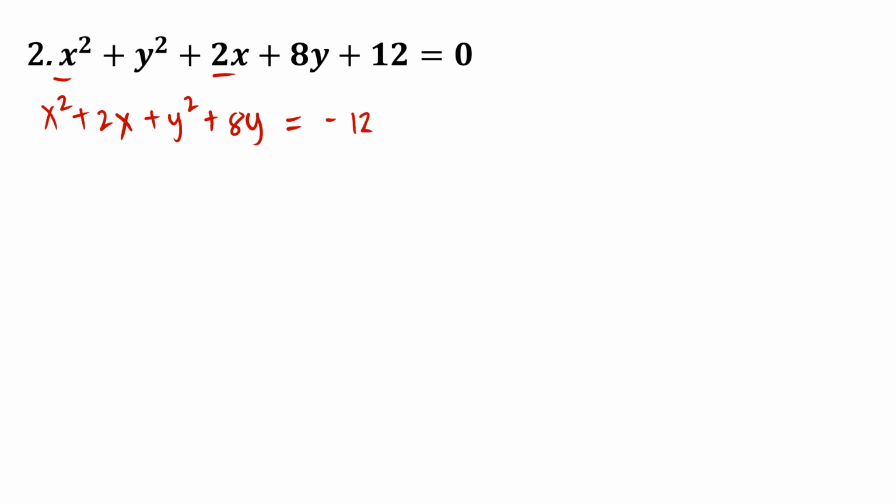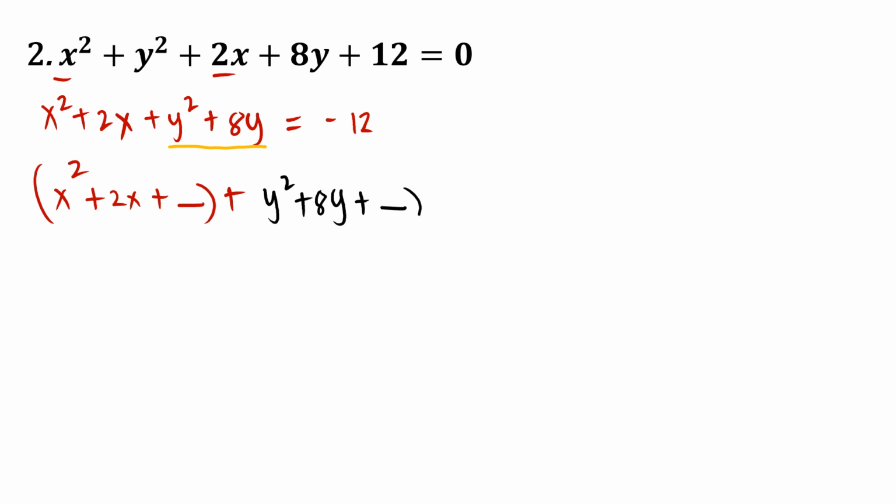Okay, and then this time we will be completing the x squared plus 2x into a perfect square trinomial. So we will have that first, and then the next is the y squared plus 8y, plus blank.